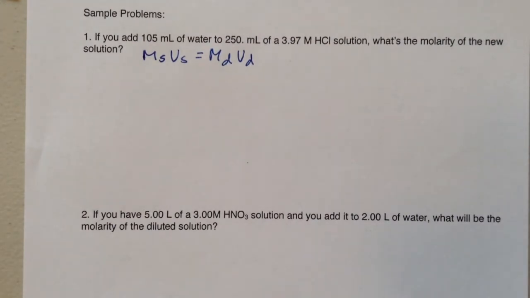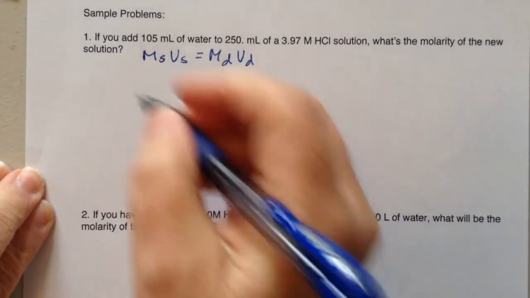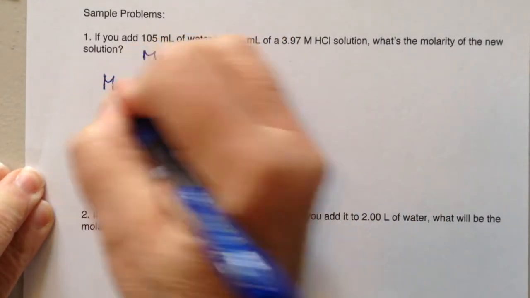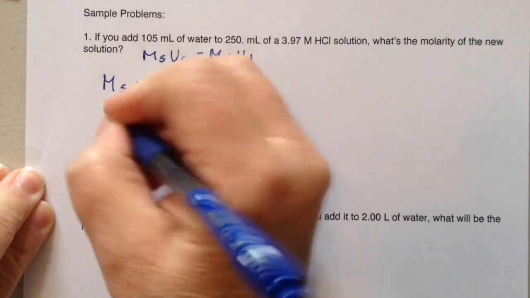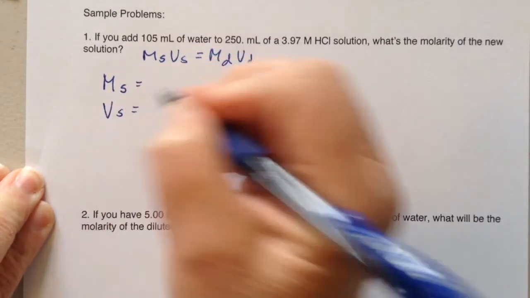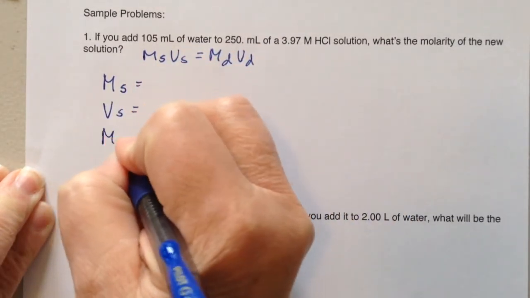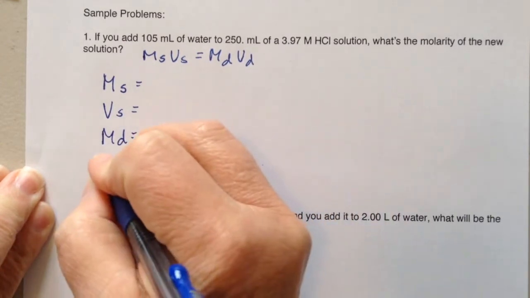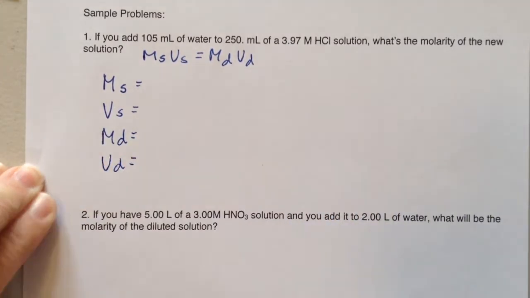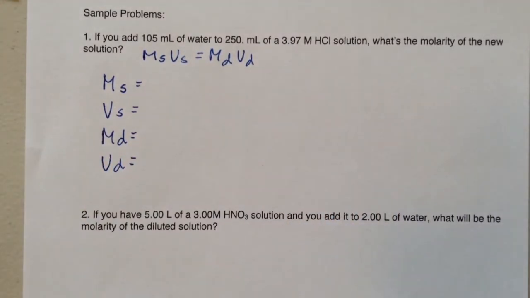And the key for these is figuring out what means what. So I'm going to list these. This is to help us out, and I suggest that you do this every single time you do one of these. I would not think of doing these without listing it out, and I've done this for years.